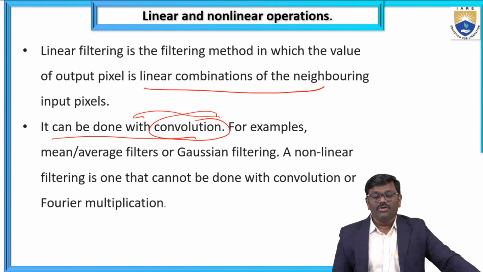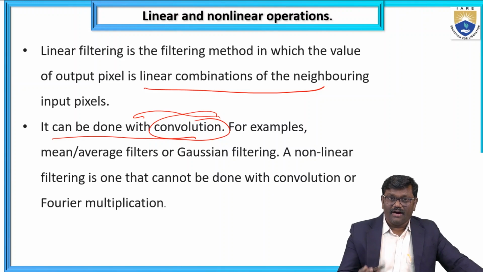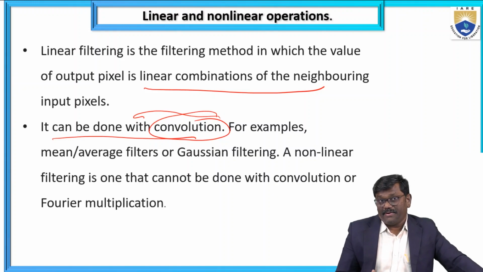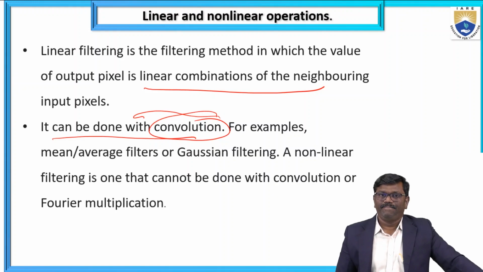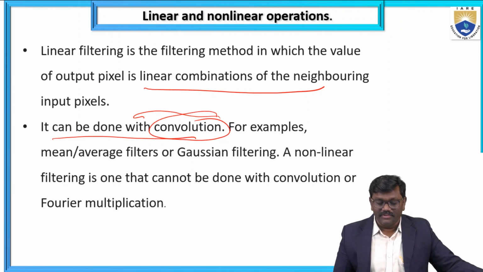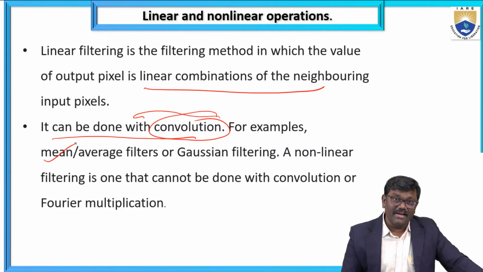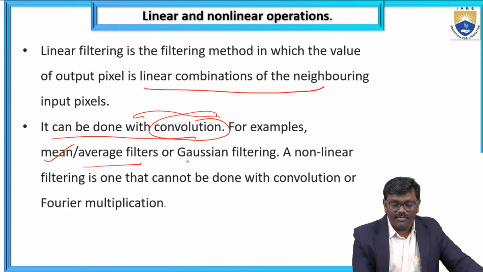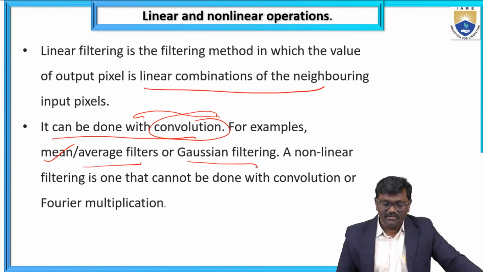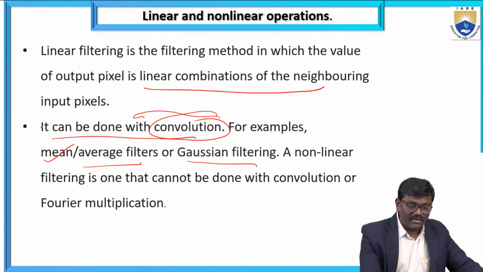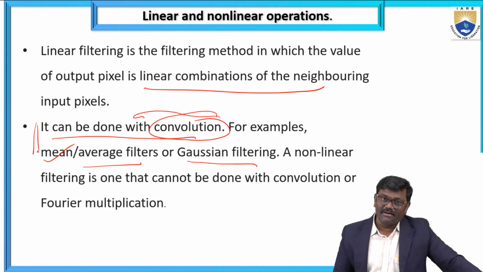Such a linear operation, which happens in terms of the convolution process, is what we consider linear filtering. For example, you take your data in terms of mean or average filters, or Gaussian filtering. This is what we can understand based on the linear operation.